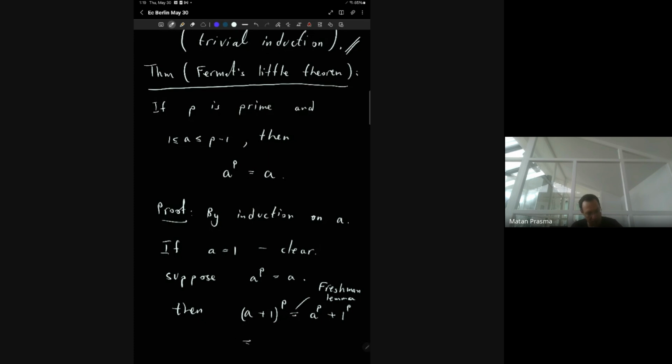And by the induction hypothesis, this is equal to A plus 1, because by induction hypothesis, A to the P is equal to A. So I get that (A plus 1) to the P is equal to A plus 1. Okay, that's the whole proof.